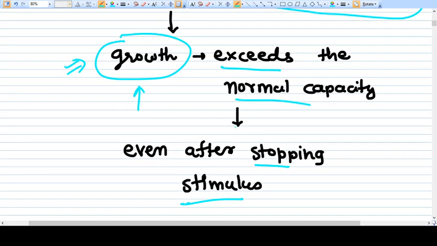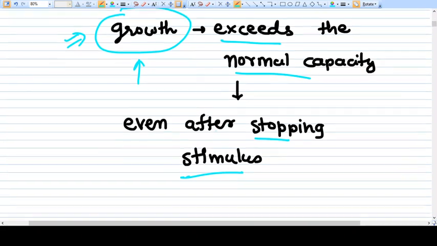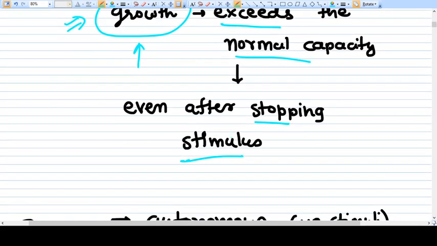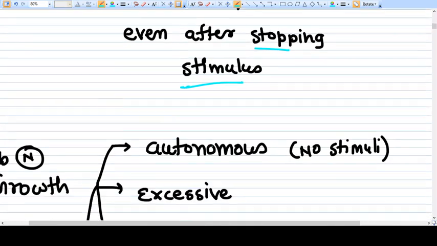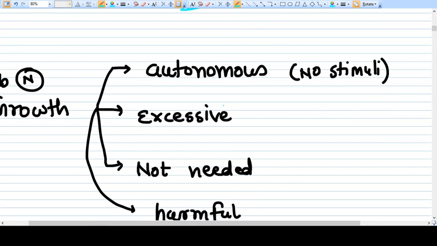It is exceeding the capacity that nature has decided to grow. There are some growth stimuli for every cell, but without any growth stimulus, the mass is growing autonomically. So this is the basic criteria for neoplasia.